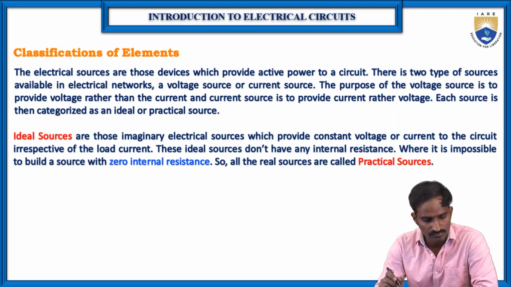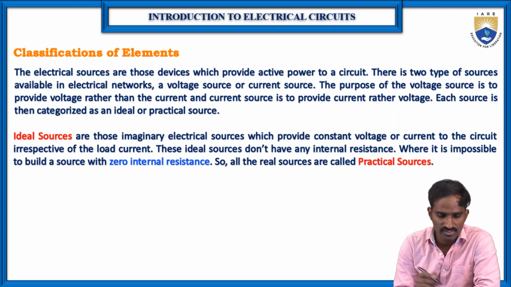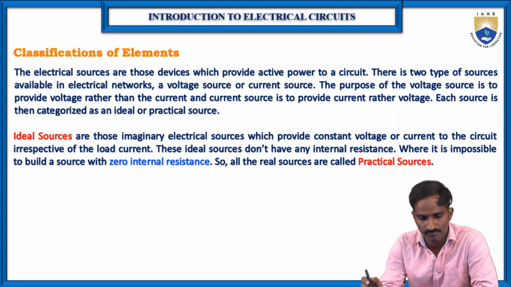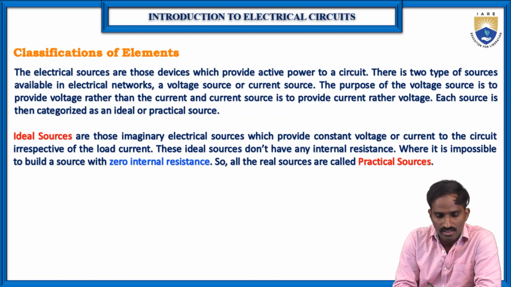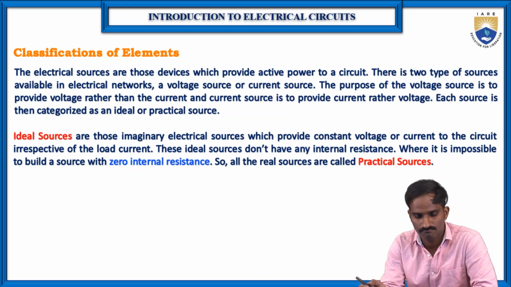So here first let us consider the ideal voltage source. The ideal sources are those imaginary electrical sources which provide constant voltage or current to the circuit irrespective of the load currents.